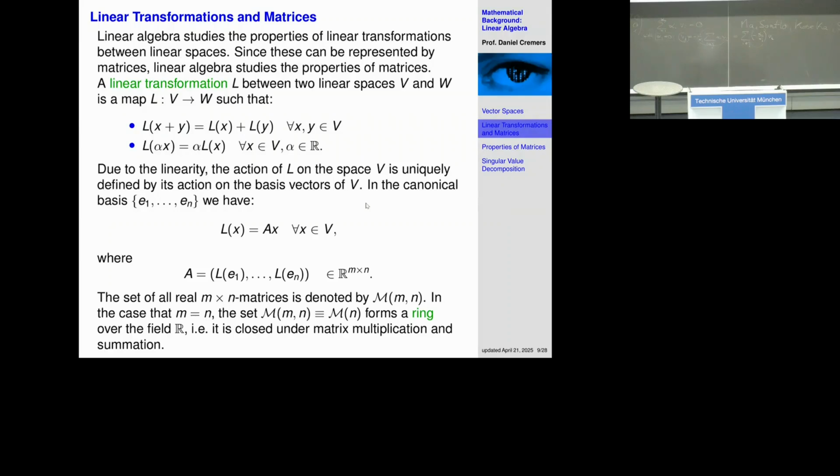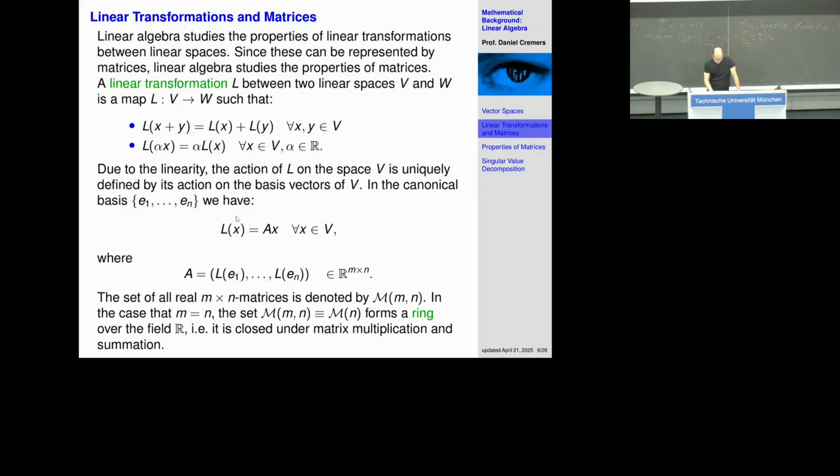That's what we just said. If L is linear, then I can pull this in, and that means once I know what L of Vi is, I can express the linear transformation of any other vector by knowing what L of the basis vectors is.